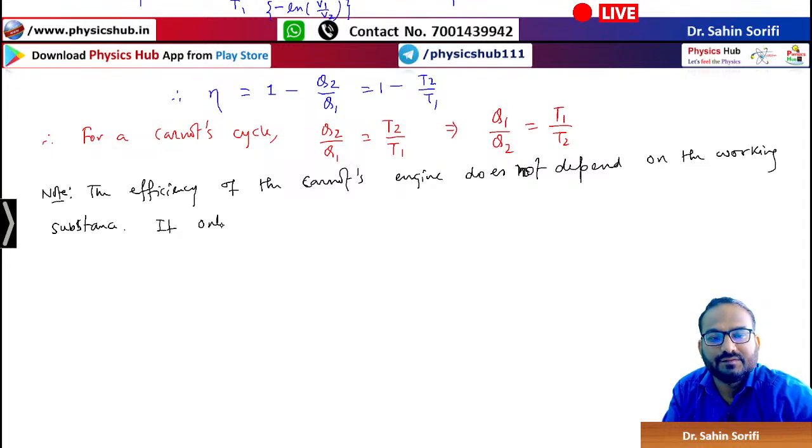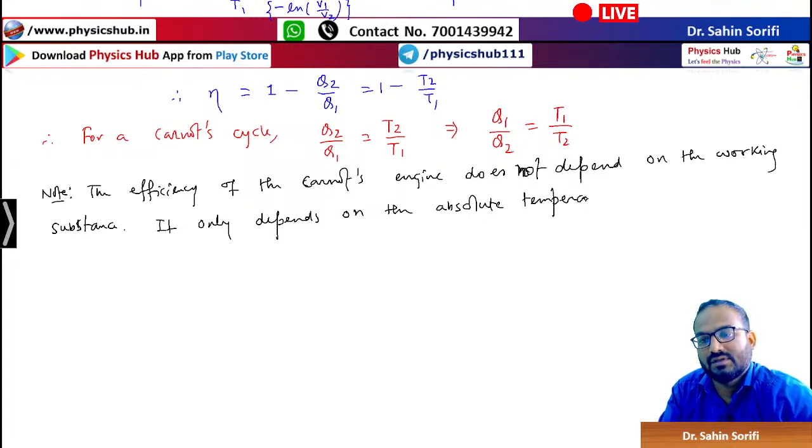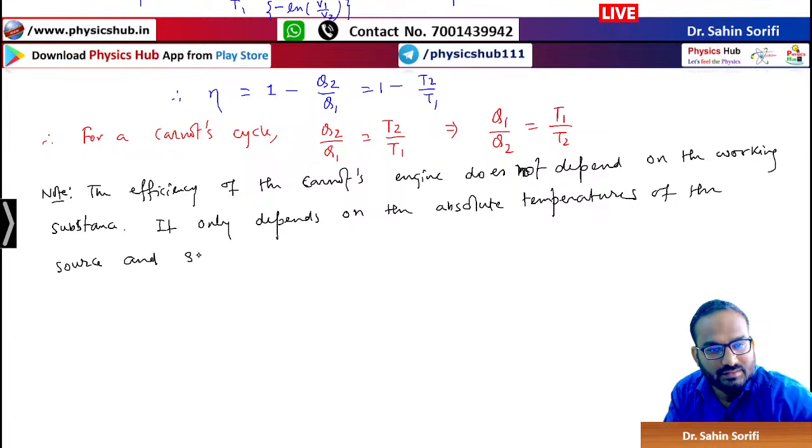It only depends on the absolute temperature, not the normal temperature. You have to write the temperature in Kelvin. It only depends on the absolute temperatures of the source and sink.